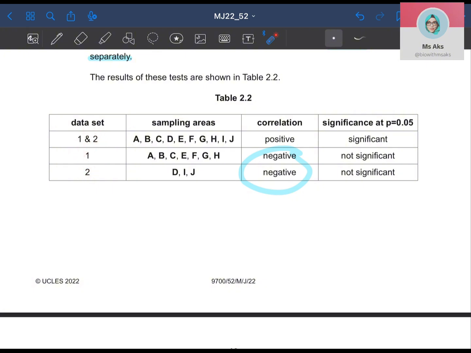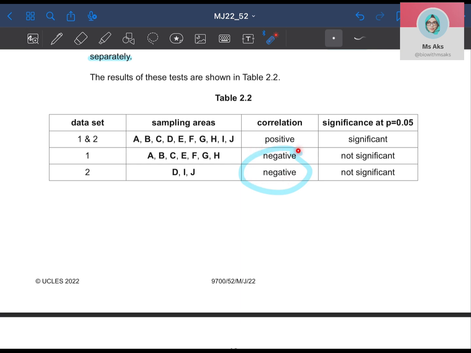Okay, interestingly, we can already look at the pattern in this table: when we look at the two data sets combined together, it does show a positive correlation, and it seems to be significant at a probability of 0.05. Okay, that's fine. However, when we look at the data sets separately, here when we look at data set 1 and even data set 2, they are actually showing a negative correlation.